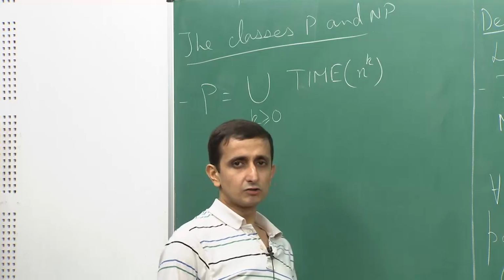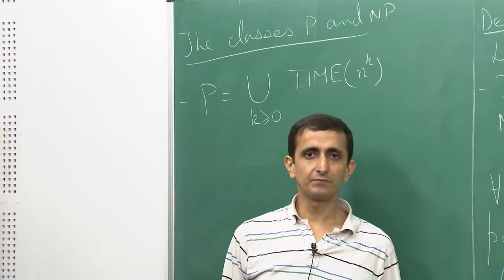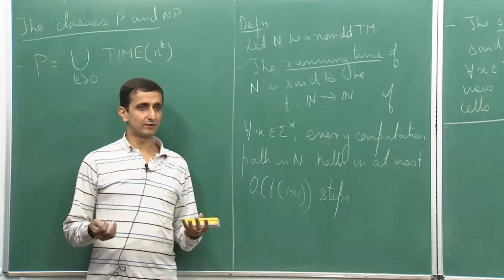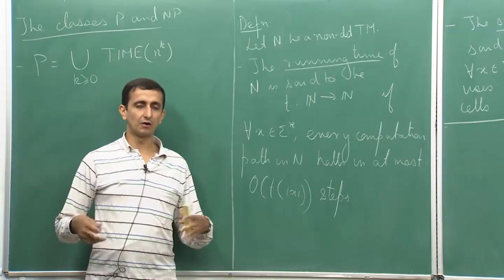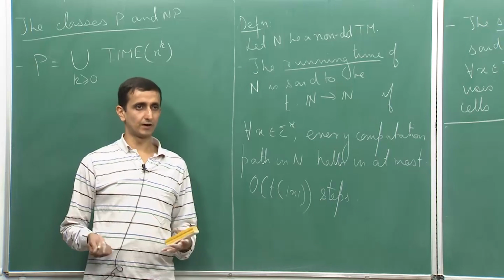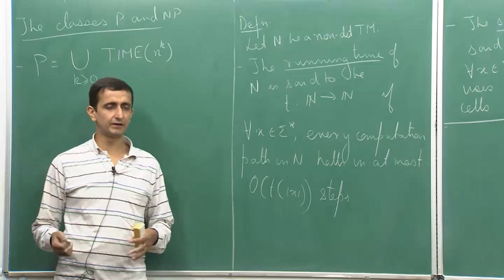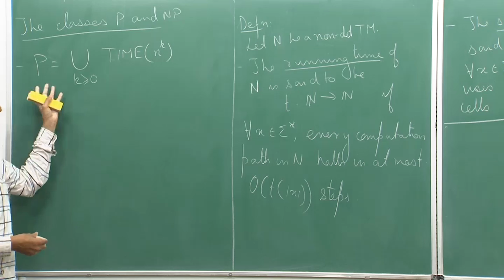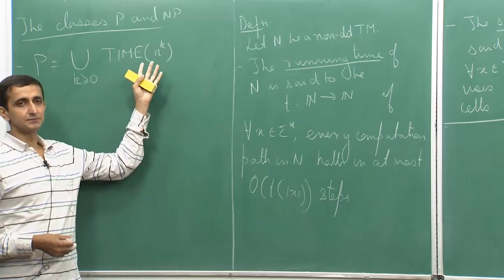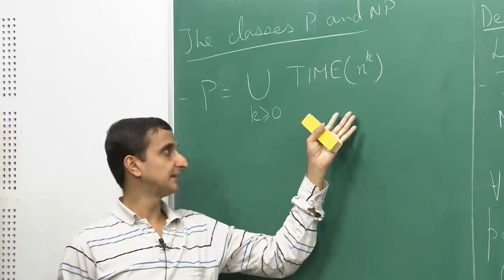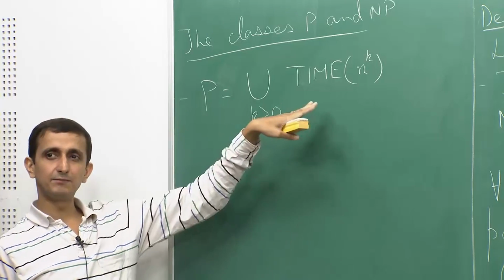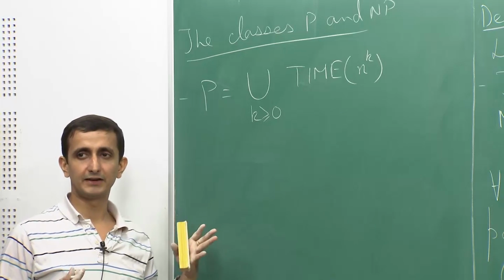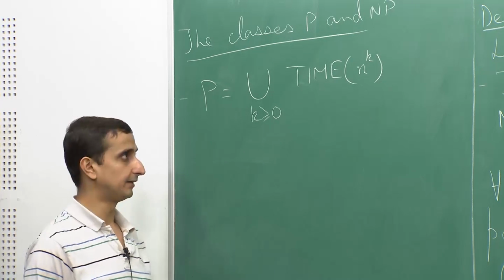Okay. So, look at all problems that have a running time either n to the power 0, which is constant, or n square or n cube or n to the power 4 and so on. And the class of all these problems is basically P. Okay. So, basically all problems which have a running time that is polynomial. So, if I say that a language belongs to P, that means it belongs to TIME of n to the power k for some constant k.